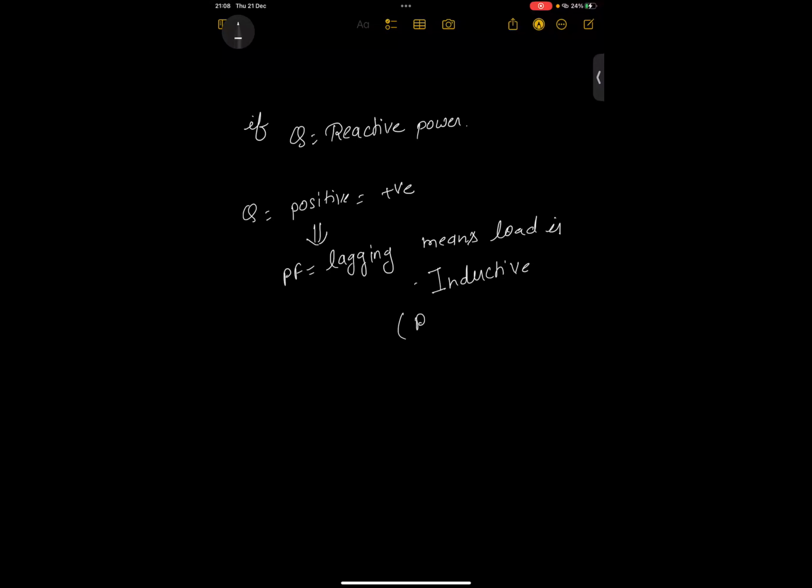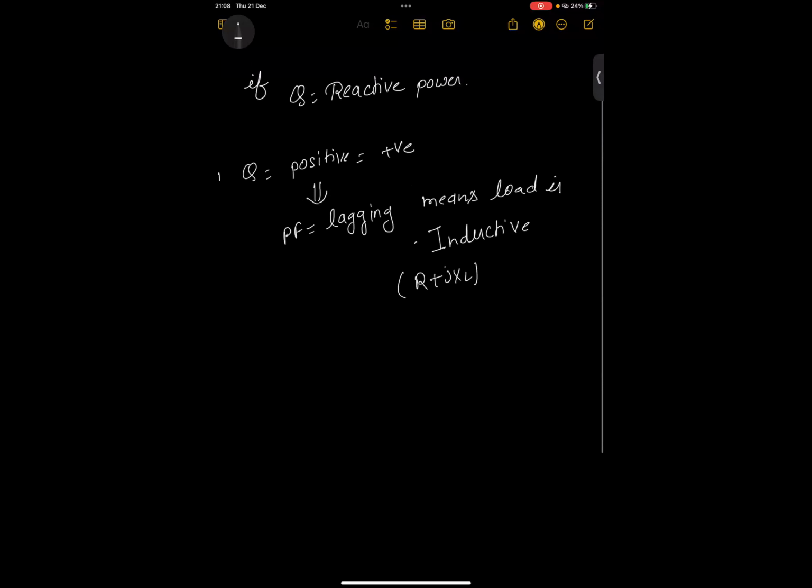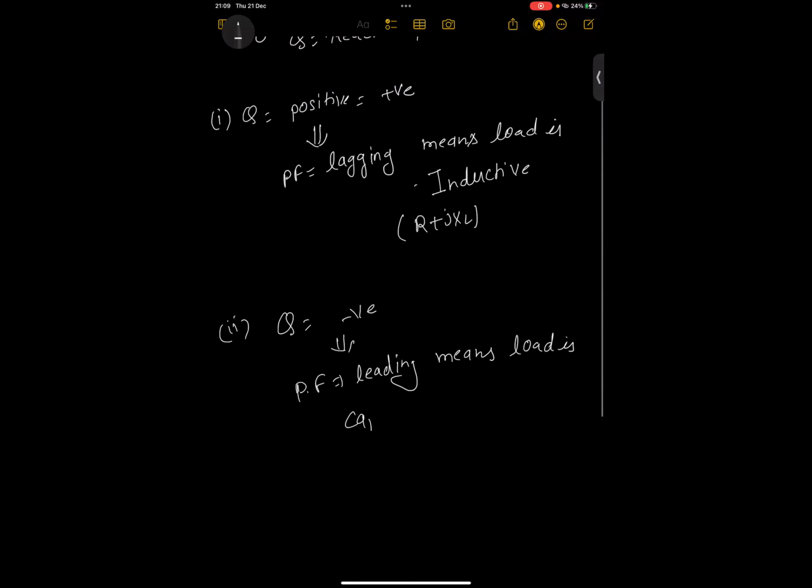Is R plus JX. First condition. Second, Q is negative, means power factor is leading, means node is capacitive, means R minus JXC like that given.